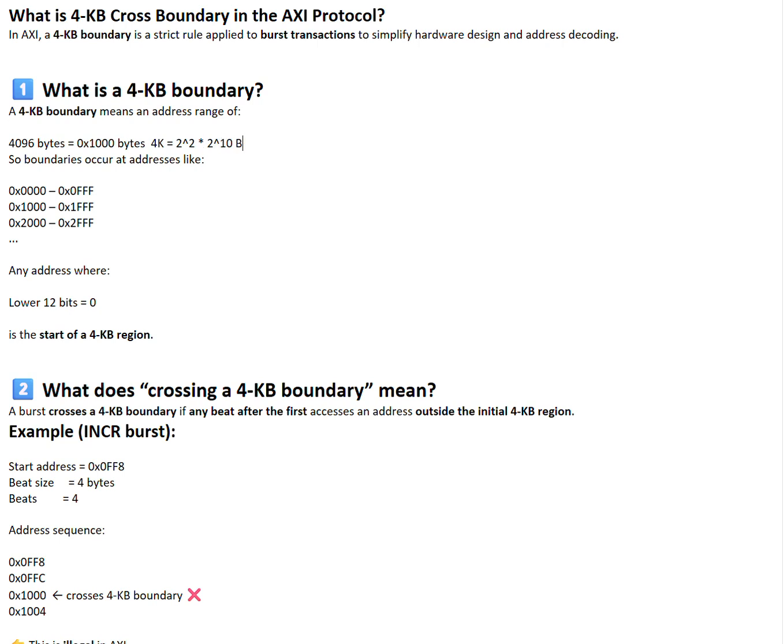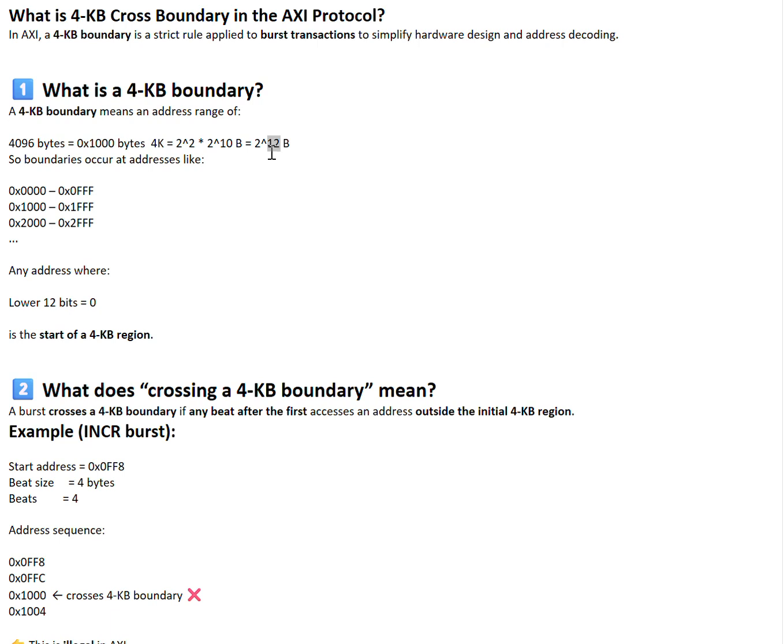Since it is byte addressable memory, we do not convert the bytes any further, and this comes out to 2 to the power 12 bytes. So basically these 12 bits are used to see whether the address is aligned or not.